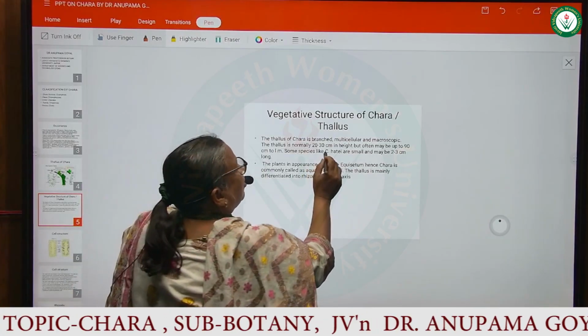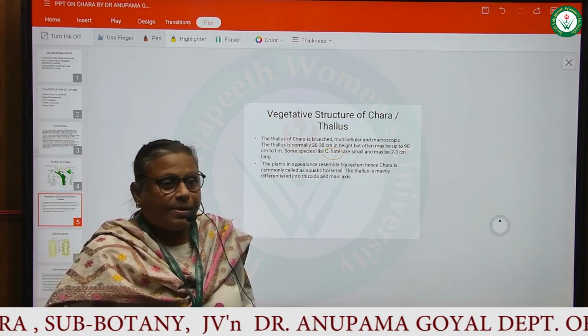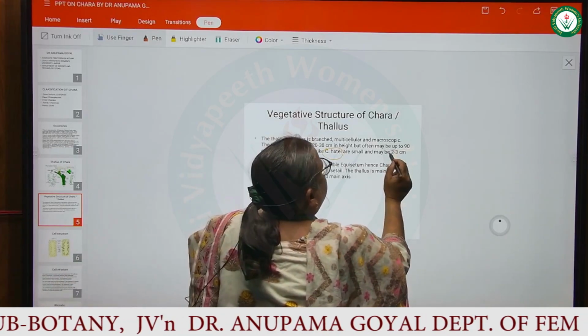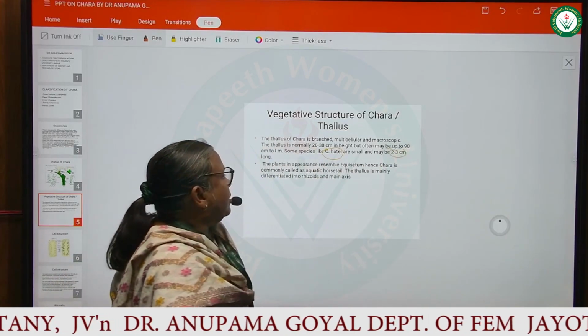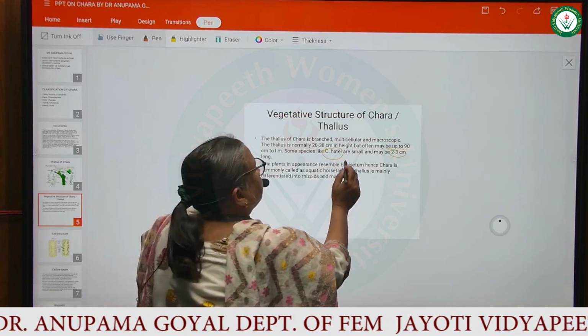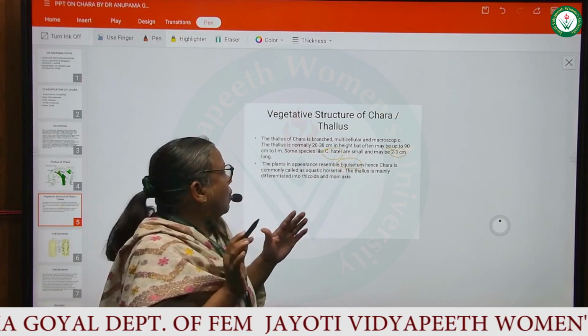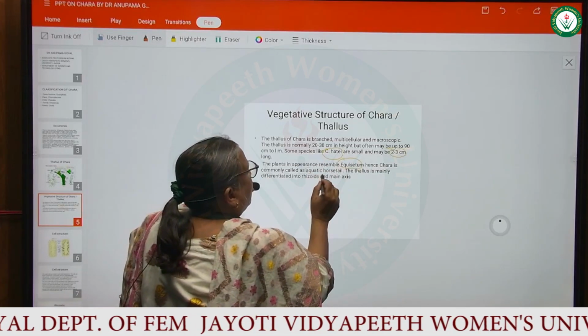Some species like Chara heti are small, up to 2 to 3 centimeters long. The plants in appearance resemble Equisetum, so Chara is also commonly called aquatic horsetail.